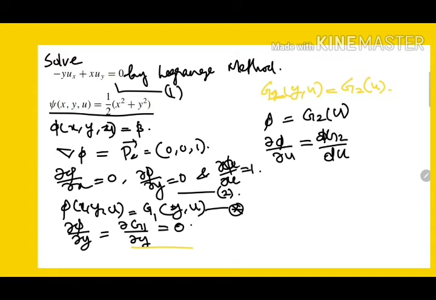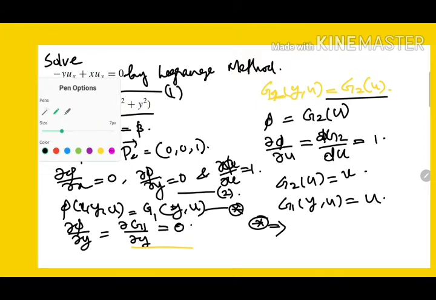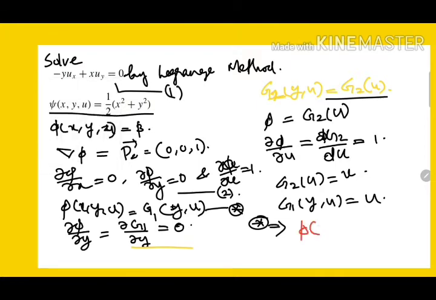Integrating with respect to u, we get g2 of u equal to u. So g1 of y, u is equal to u, and from star, phi of x, y, u is equal to u alone.